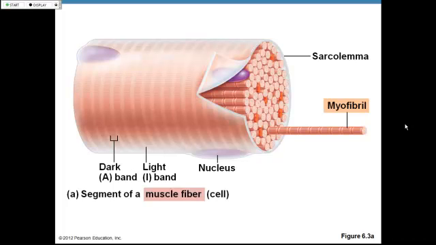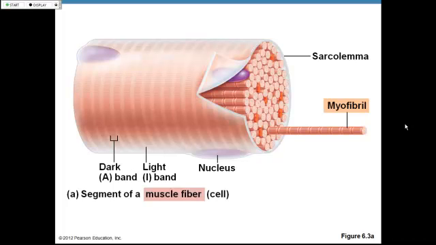This dark band is this area right here where you've got lots of those special myofilaments, which we'll name in a minute. And then see this area right here that has a lot of white on either side of it? That's the light band. So we have dark, light, dark, light, dark, light. That's what causes the striations. When you look at skeletal muscle or cardiac muscle under the microscope, that's what's causing the striations.